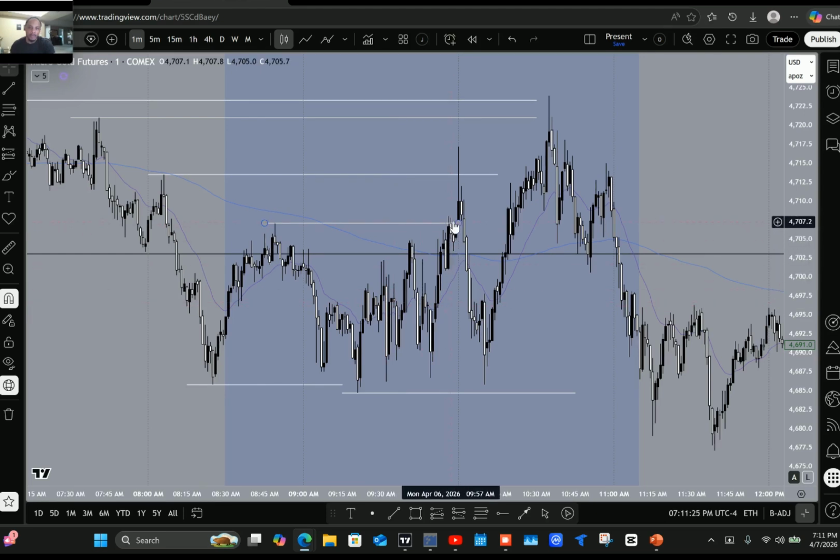So the first time that we went above a swing high, we didn't have much of a reaction, and then 9:59 we ran above this swing high here, and then we get an order block that's formed. Okay, so the first part of the process is done on this trade here.